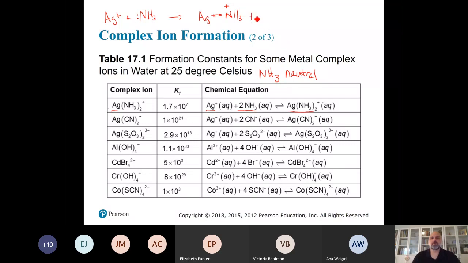Then we have a second ammonia molecule react. The same thing occurs: the silver ion reacts with another ammonia molecule.